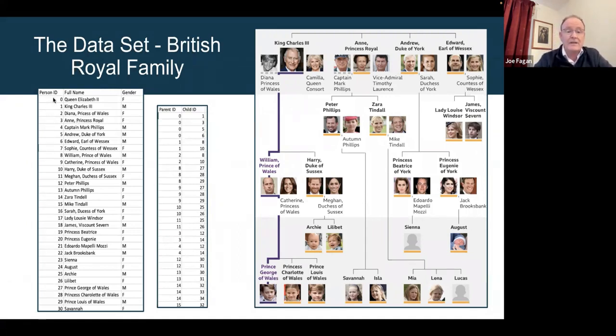So this is the data. And we have, for instance, the Queen here and King Charles. And 01 indicates that the Queen has child, King Charles. Let's take another example. 1025 tells me that Harry has a child, Archie. Now this data right here on the right is already enriched in a few ways.